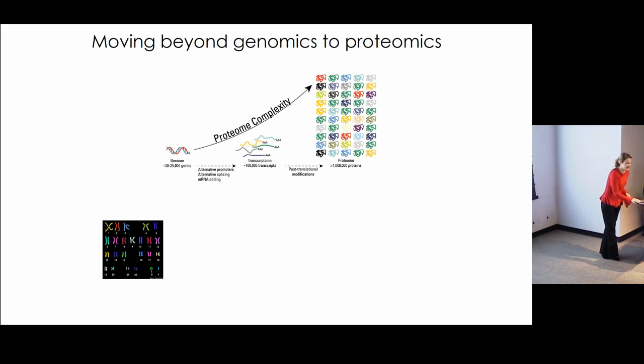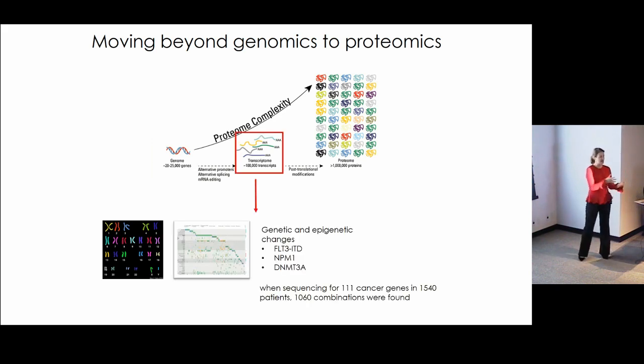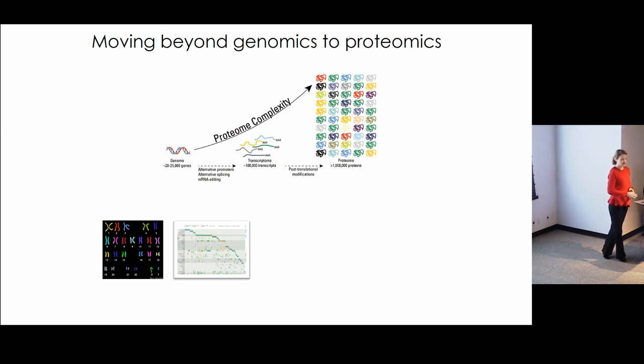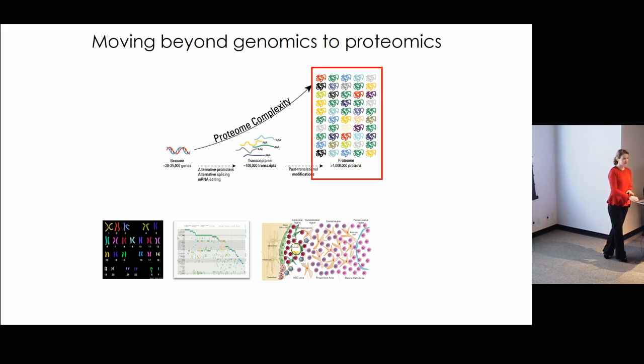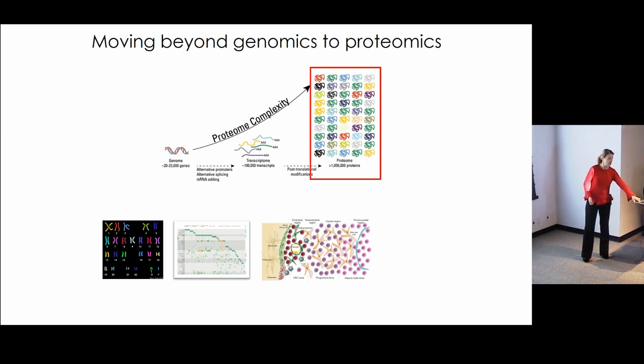But what it's not getting at is greater complexity downstream: epigenetic effects, and even further downstream, the proteins that are actually responding to the local microenvironment, along with changing the cell expression patterns and how they're behaving. So what we were interested in doing is, can we take what we know about the proteome and ask two questions?